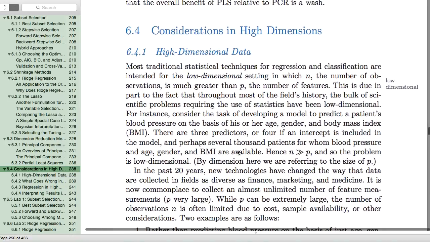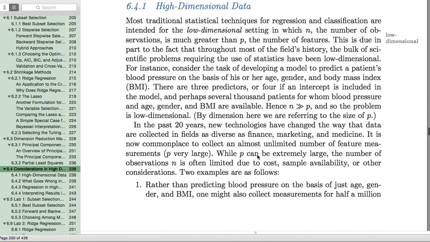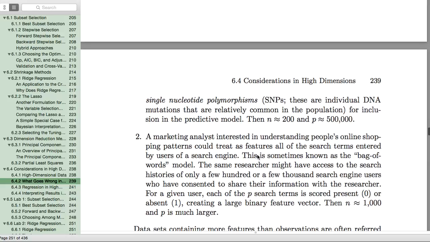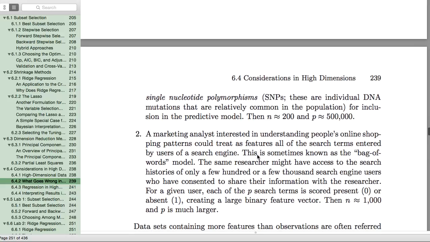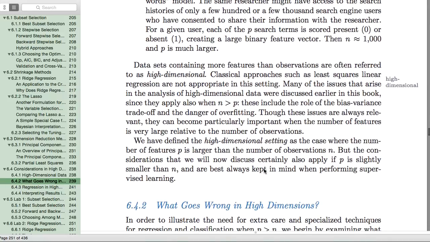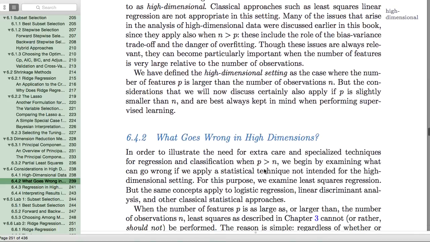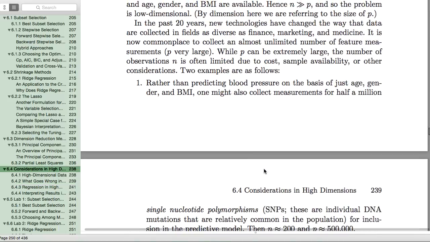Okay, so high dimensional data. We have a lot of situations today, and there are some examples given here. I don't think it's very hard to motivate the high dimensional situation. I think this does it right there. Online stuff, that's where we see it. It is certainly seen in other areas.